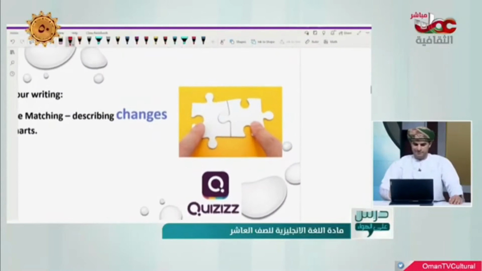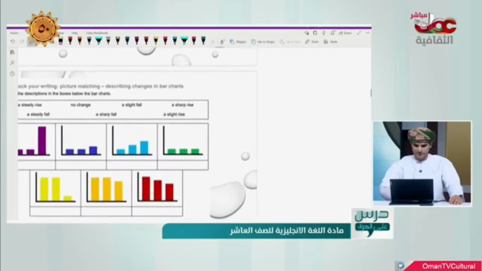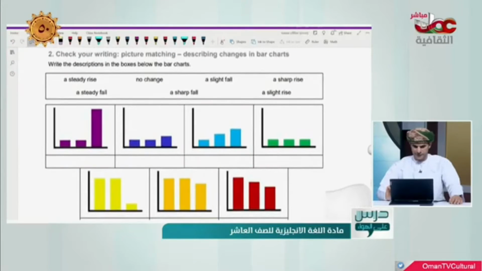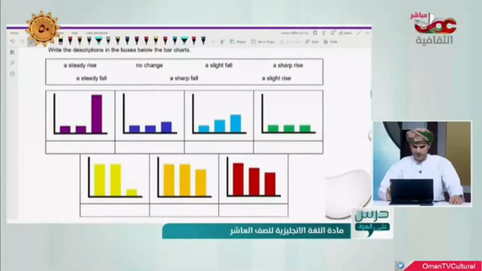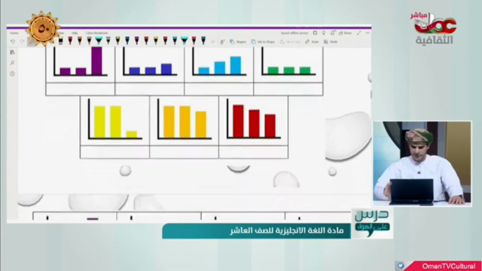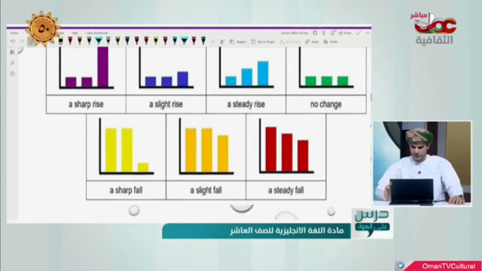Okay guys, as you saw in the questions, write the descriptions in the boxes below the bar charts. So where is the steady rise? Rise steadily, no change, slight fall, sharp rise. I think all of you got it correct.